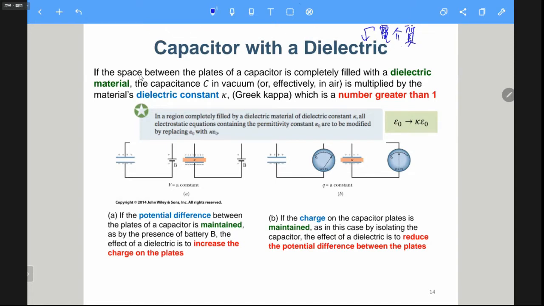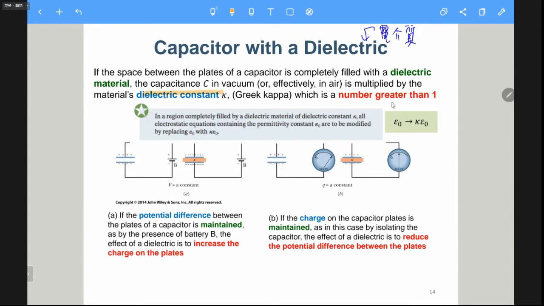If the space between the plates of a capacitor is completely filled by a dielectric material, the capacitance C in vacuum is multiplied by the dielectric constant. It is the Greek letter kappa, not K, a number always greater than 1.